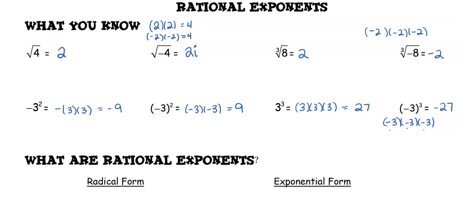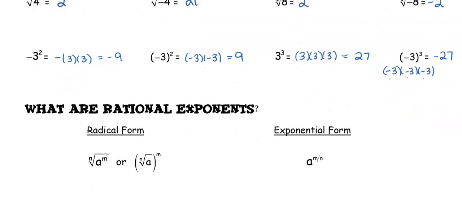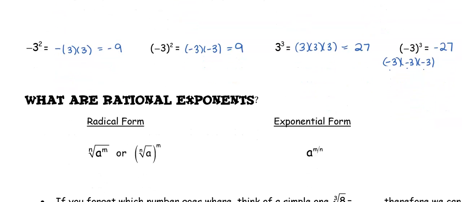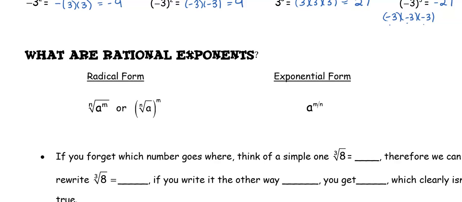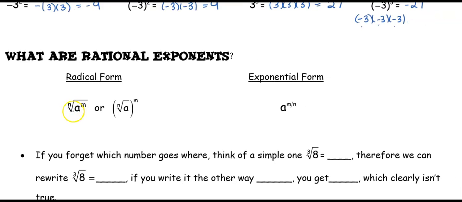exponents are. What you want to do is get comfortable with switching between radical form and exponential form, because radicals are just fractional exponents. If we look at the generic form here, we've got the nth root of a to the m power. So we see m is the exponent of a.